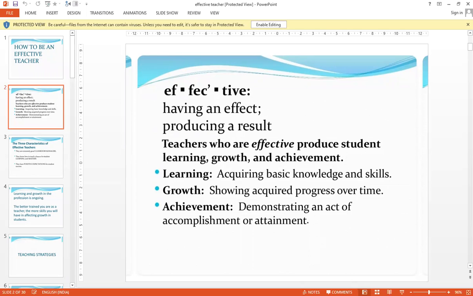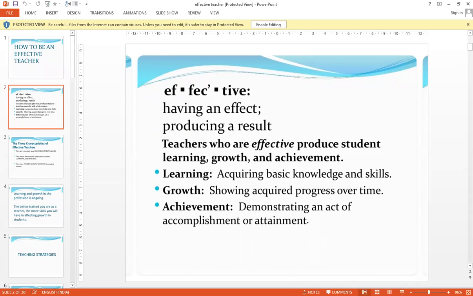So let us study how a teacher helps the students in learning. They help the students in acquiring basic knowledge and skills. Effective teachers help the learners to acquire basic knowledge and skills.